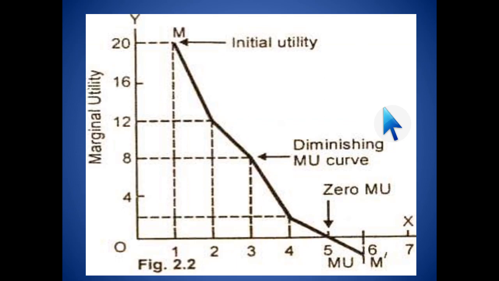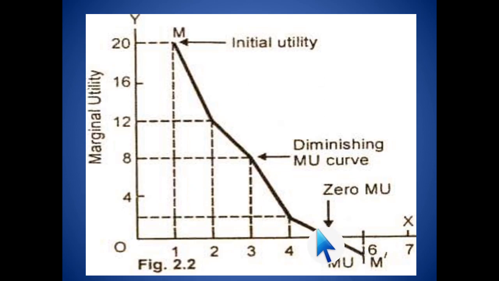See, in this graph, as I have already told you, for the first unit, marginal utility is 20. For the second unit, it is 12. For the third unit, it is 8. For the fourth unit, it is 2. And for the fifth unit, it is 0. That means here the consumer should stop. The first marginal utility you can call the initial utility, and the marginal utility is diminishing throughout the period.